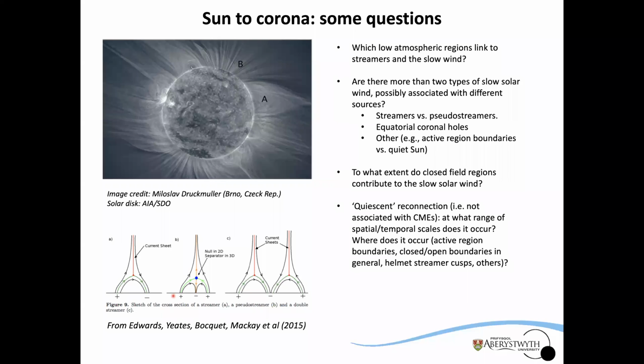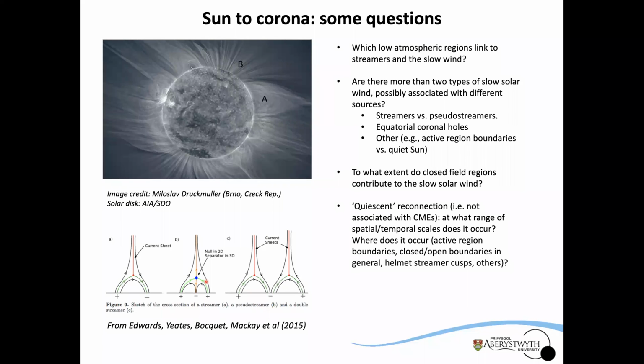Then you have pseudo streamers, which are, again, a system of closed loops, but the overarching field lines are of the same direction. And we know the slow solar wind coming from these two different types are different.